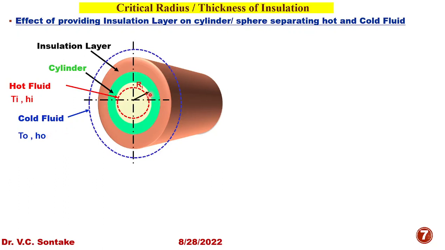Let's say inner radius of this cylinder is Ri, outer radius of this cylinder is R1, and outer radius of insulation provided is Ro. Let's say length of this cylinder and insulation is L. Let's say thermal conductivity of cylinder material is Ki and thermal conductivity of insulation material is Ko.